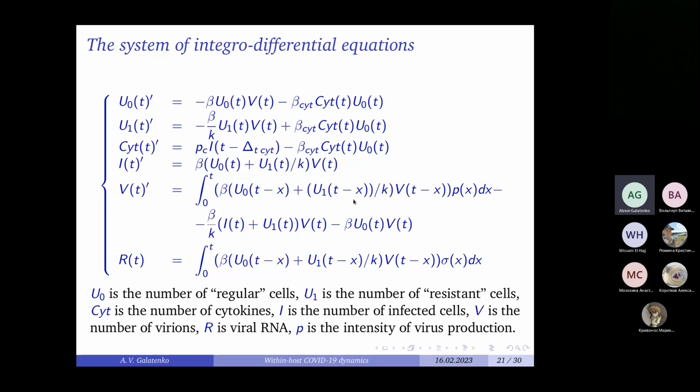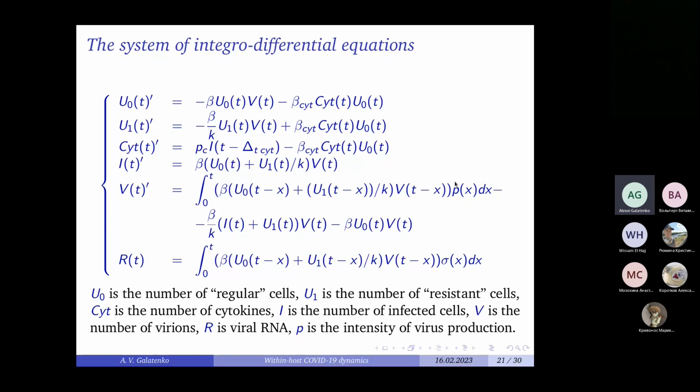Let us integrate the values using some kernel. In this case, we can take into consideration the delay, which is caused by the fact that virus production does not start instantly, and resource exhaustion. After some time, P will decrease and finally become equal to 0, so production will stop. This is the source of virus generation.